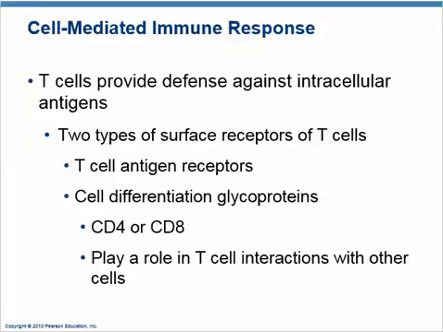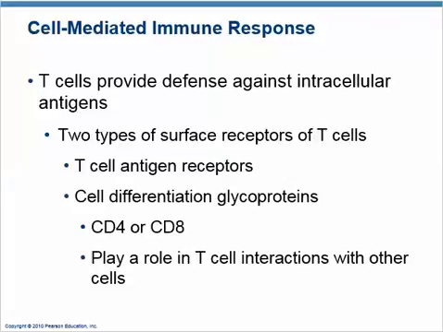The cell-mediated response is really a product of T lymphocytes. The T lymphocytes are what does it. And there's a couple of different types of T lymphocytes. There's probably about 4 or 5, but there's 2 that specifically we're going to talk about. And they have different types of receptors on their surfaces.